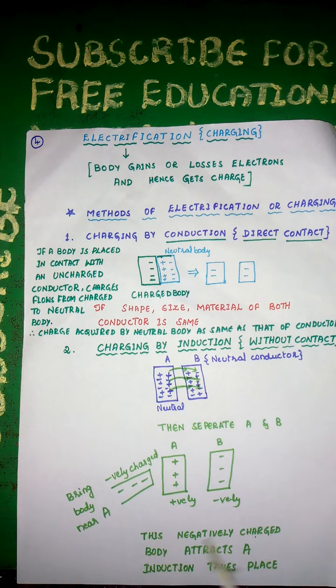This negatively charged body attracts A, induction takes place. These negative charges attract these positive charges. It means this negatively charged body attracts this A. Then induction takes place, right?